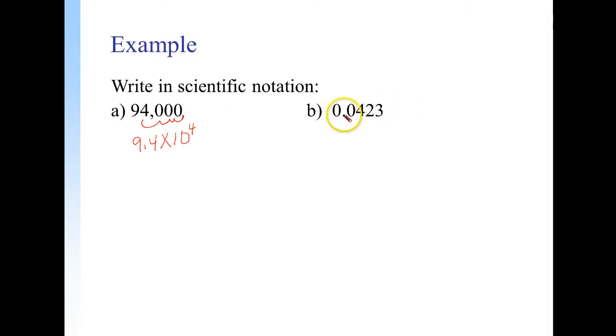Here we're going to move it 2 decimal places. And this will be 4.23 times 10 to the negative 2 places. And that's how it works. And again, through practice, and, if you feel confident, you can go directly to the quiz bees.